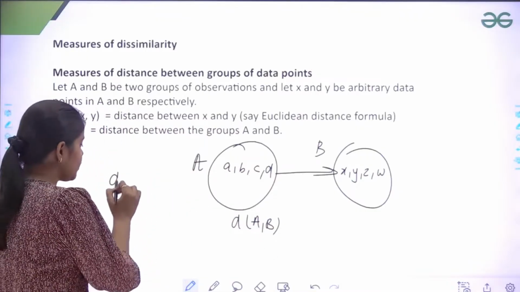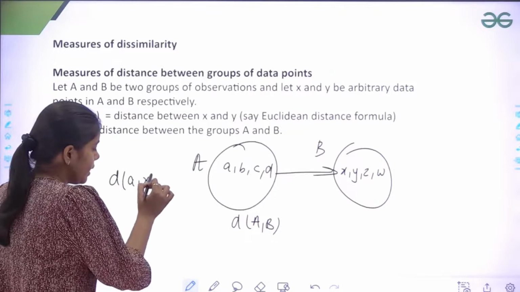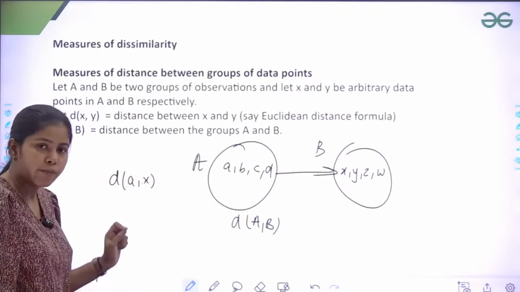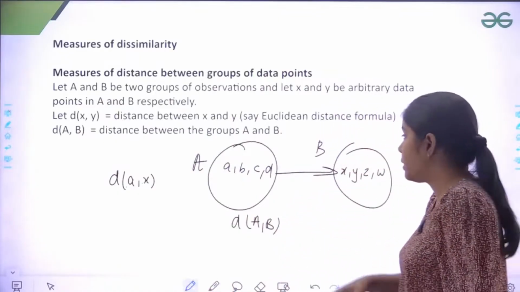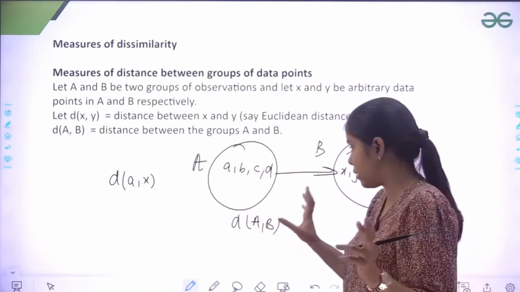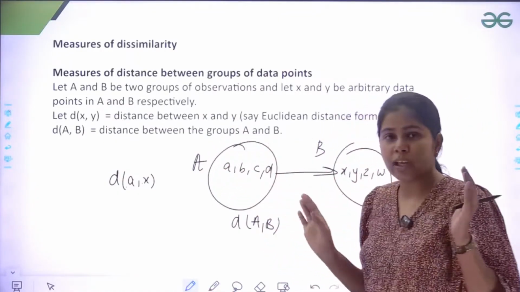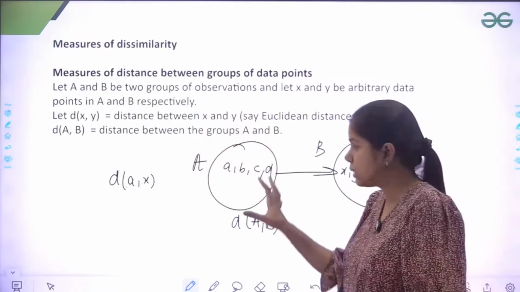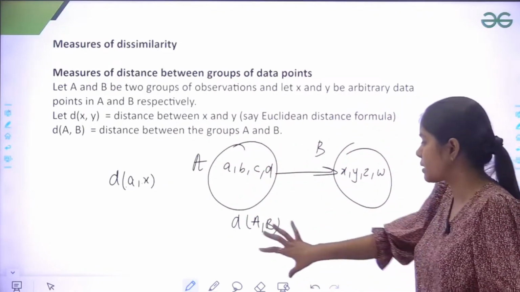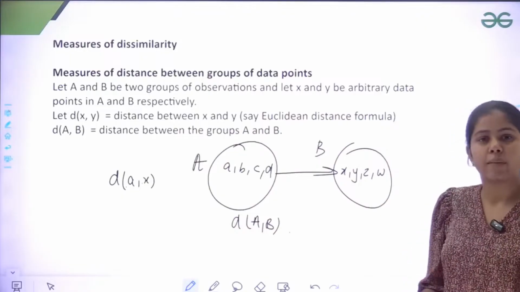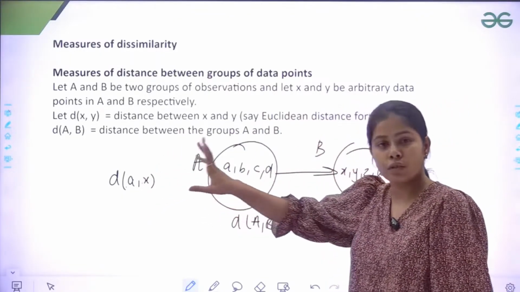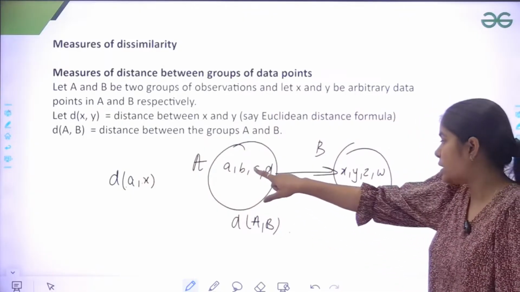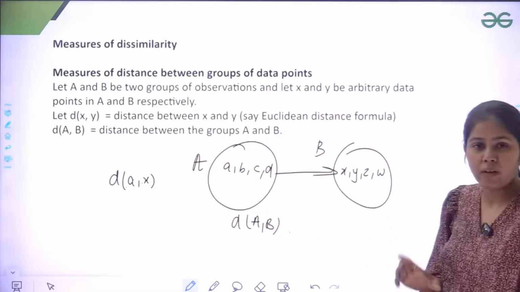And if I write d a comma x, that means the distance of point a with point x. So we have used two notations here: capital A and B for clusters, so dAB means the distance between these two groups, and small letters mean the points, like a comma x, a comma y, all these things.